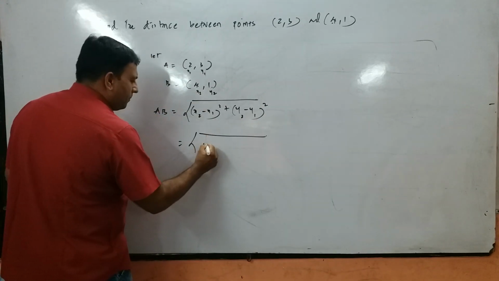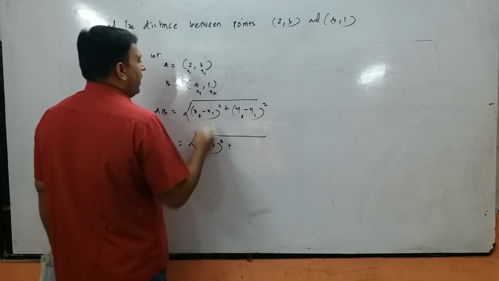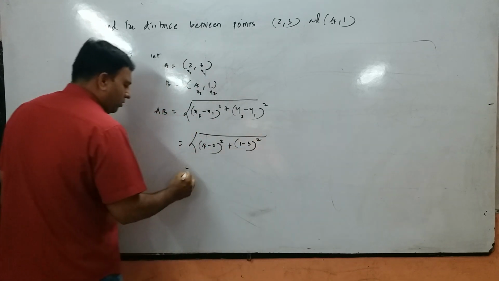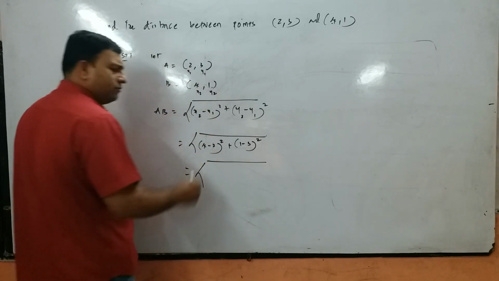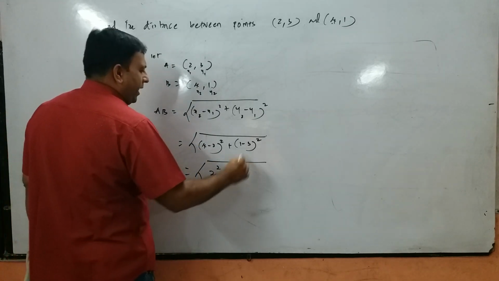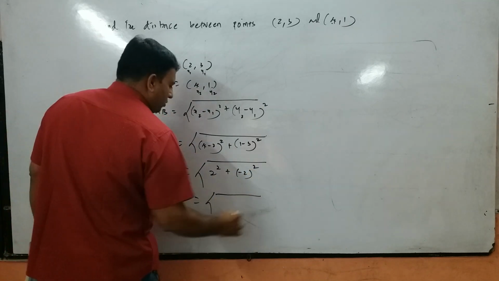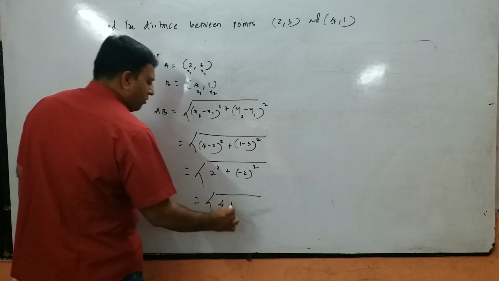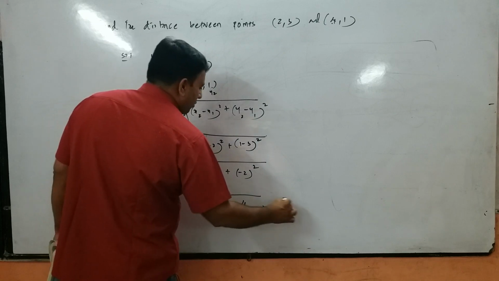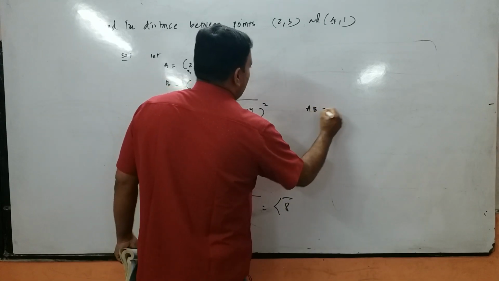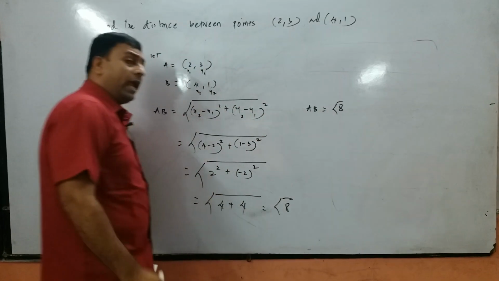It is 4 minus 2 whole square. What is y2 minus y1 whole square? 1 minus 3 whole square. So it is under root of, what is 4 minus 2? 2 square. What is 1 minus 3? Minus 2 square. So it is under root of 2 square 4, and minus 2 square is 4. Under root of 4 plus 4 is what? 8. So I will say distance AB is equal to root 8 units.